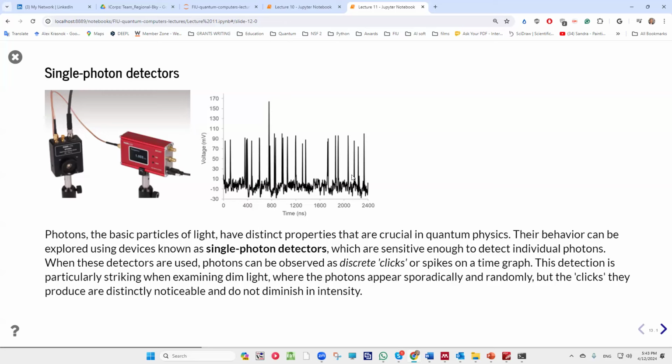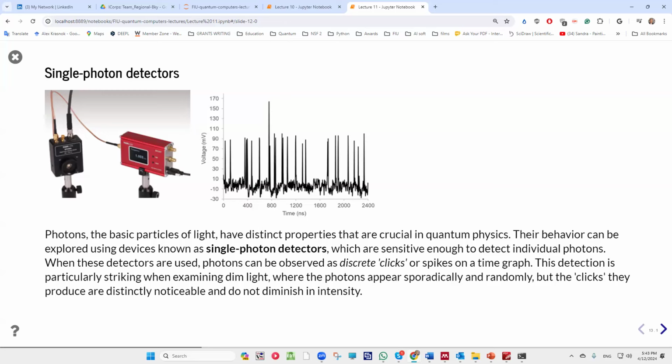The key point here to understand is that we never detect half of a photon. Especially in a linear process, we cannot detect half of a photon. A photon always comes as a particle. It cannot be split into two smaller photons or something like that.